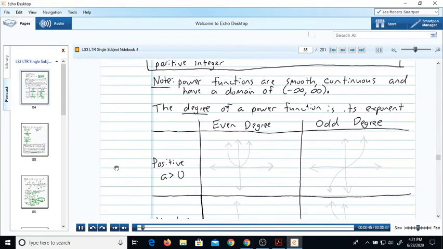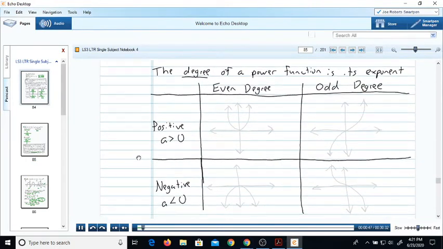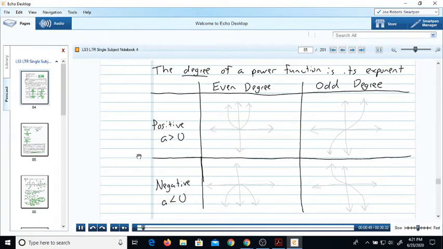So if it's x squared, that's degree 2. If it's x cubed, that'd be degree 3. And if it were x to the 7th, that'd be degree 7. Now, we can actually determine the shape of a power function simply by identifying its degree and the sign of its leading coefficient.